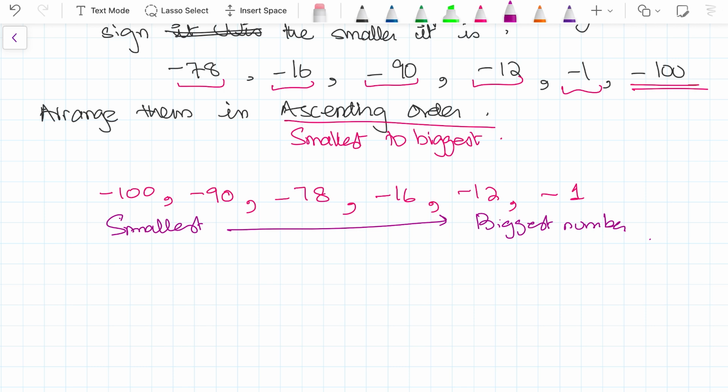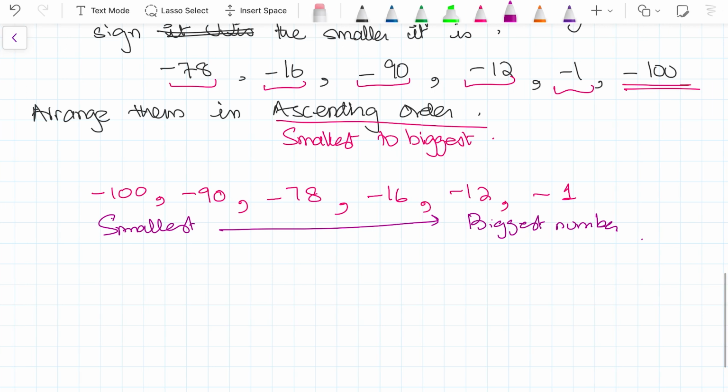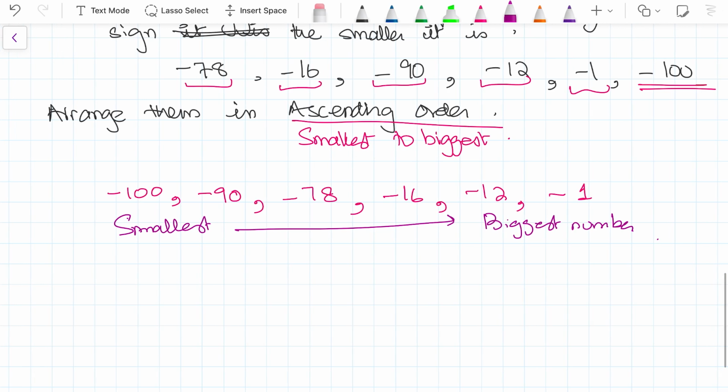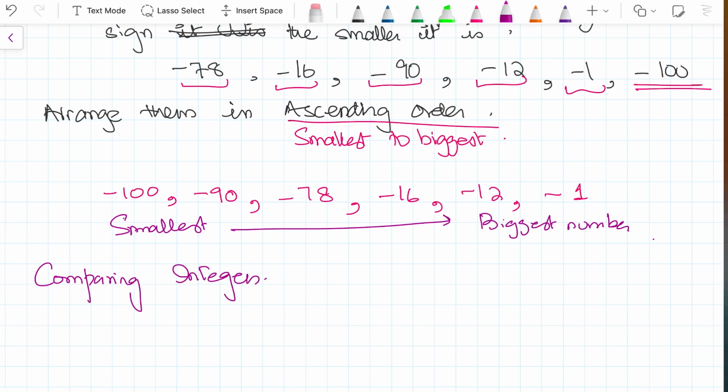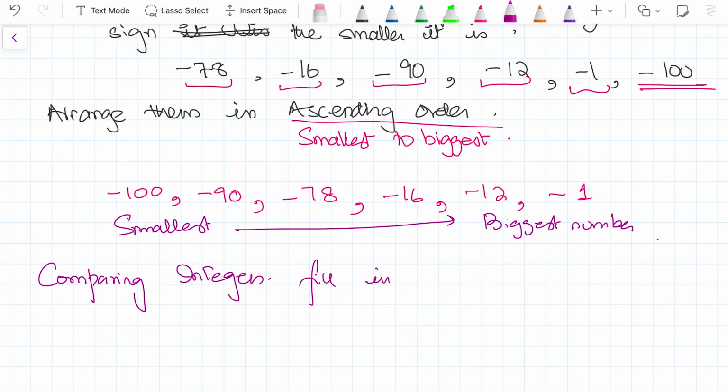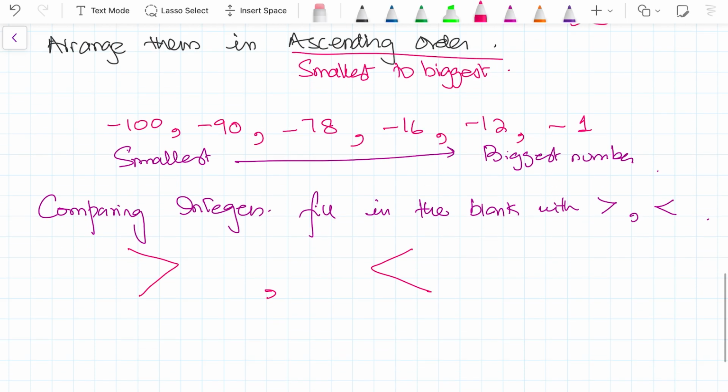So we have understood how we compare the integers. Which one is bigger? Which one is smaller? Now comparing integers, fill in the blank with this or this sign. So we first need to understand what is meant by these signs. This side is the greater side.